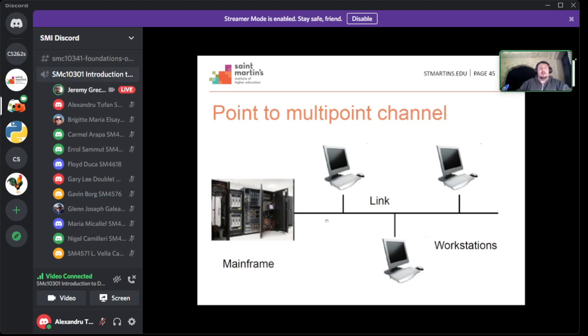Essentially, the mainframe would be serving all of these different machines at the same time. This communication is a form of point-to-multipoint channel because there's one source, being my computer, and multiple destinations, being each and every one of your computers.